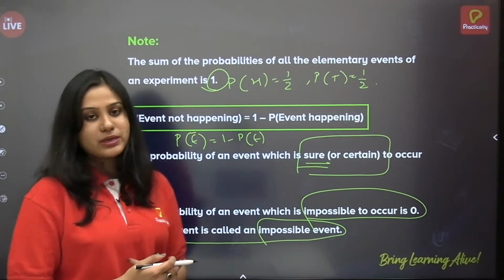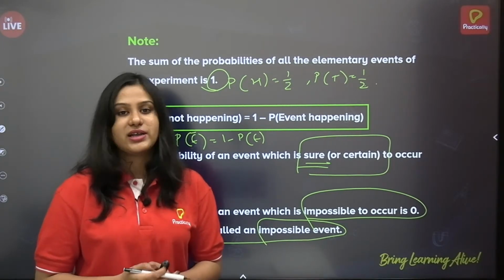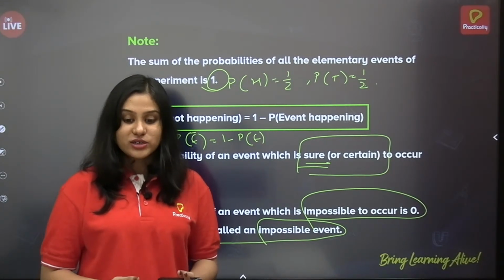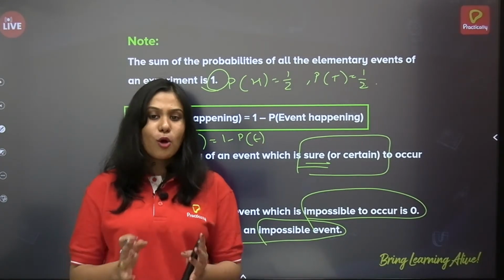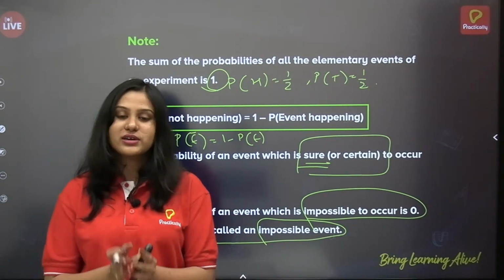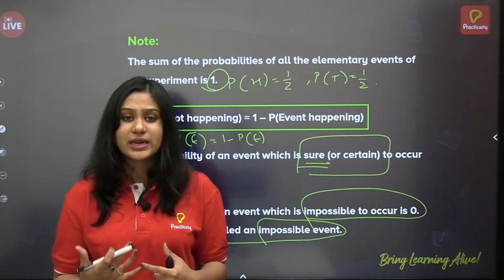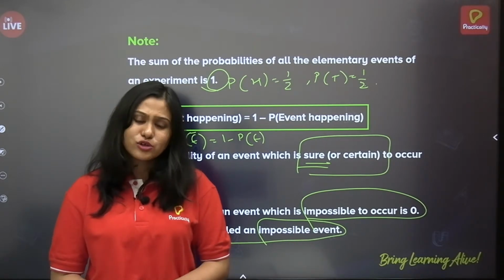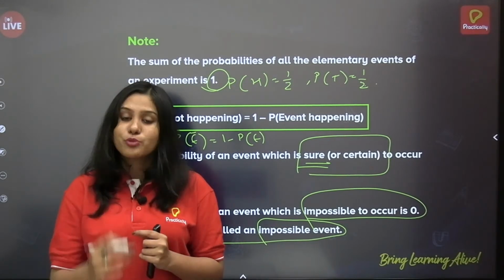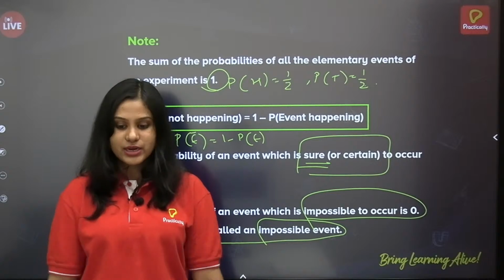So my example is the probability of getting a number 8 on the dice. Impossible, correct? Yes, hopefully there will be no possibility of no water on the earth, very good. So, if I say the probability of getting 8 on the dice, do we get 8 on the dice? No, right? The dice is numbered from 1 to 6. So, the probability of getting 8 on the dice is an impossible event. It will never happen, right?